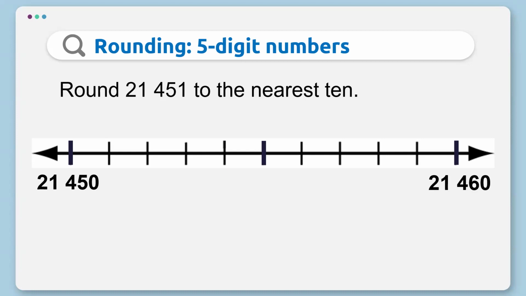They are 21,450 and 21,460. 21,451 will be here, which is closer to 21,450. Hence, when I round it to the nearest 10, the answer is 21,450. Now, you are ready to try practice 7.